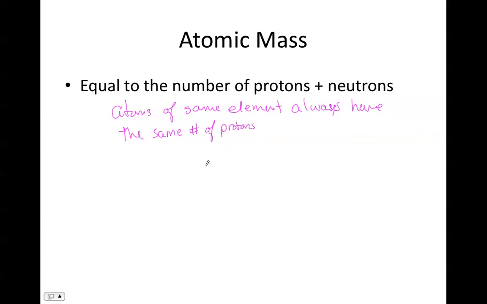Now, in order to calculate the atomic mass, we count the protons and we count the neutrons and we add them together. So the atomic mass of an atom is equal to the number of protons plus neutrons.